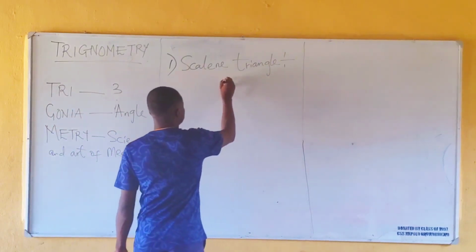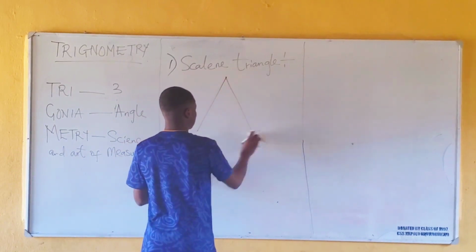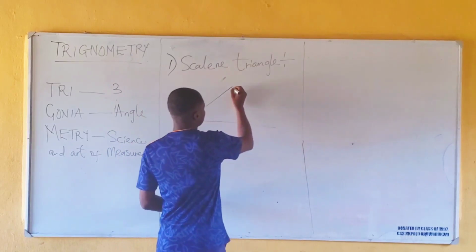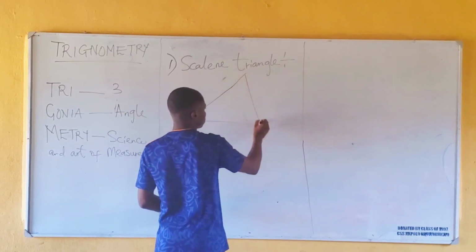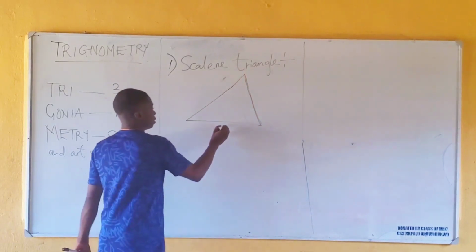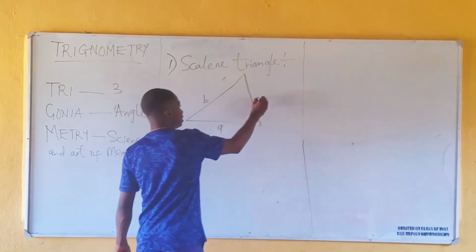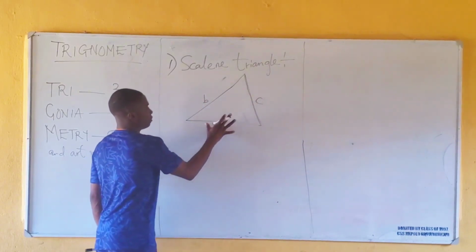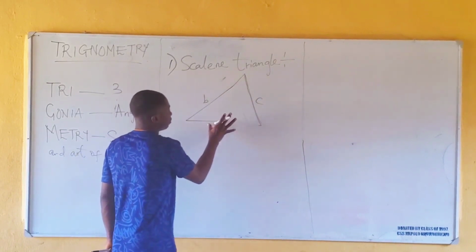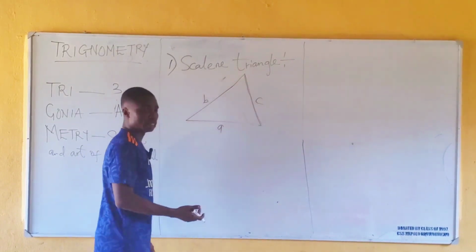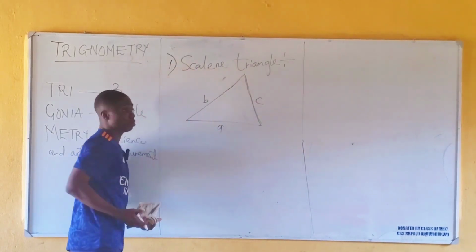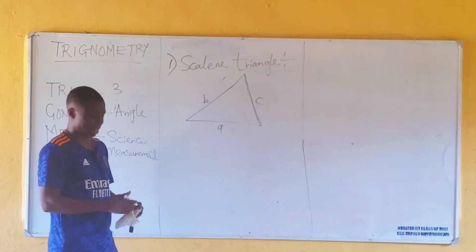For instance, assuming this is A, this is B, and this is C. The length of A is less than the length of B. And then the length of A is greater than the length of C. So these sides are unequal. So a scaling triangle is a triangle that has three unequal sides.